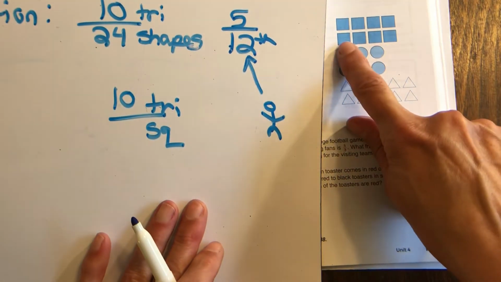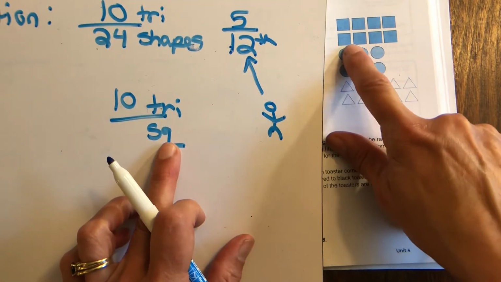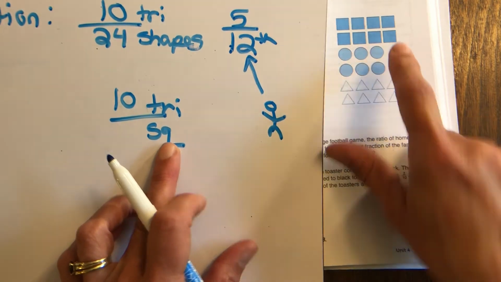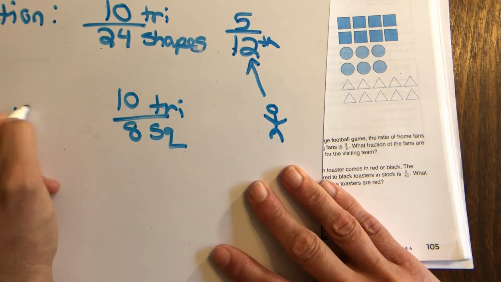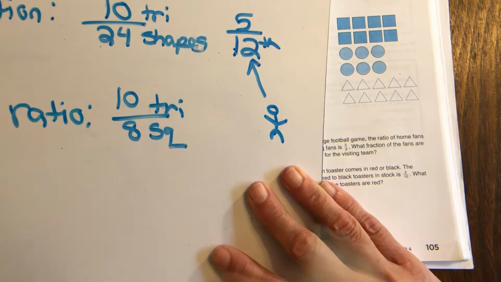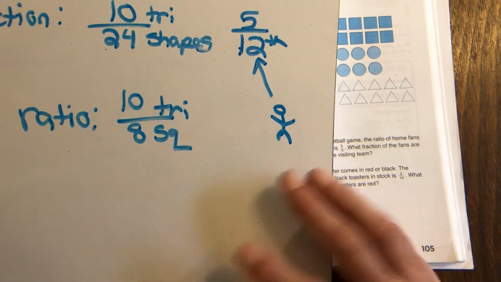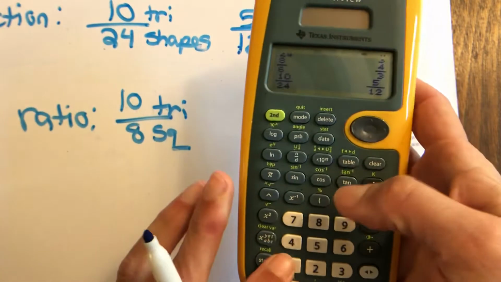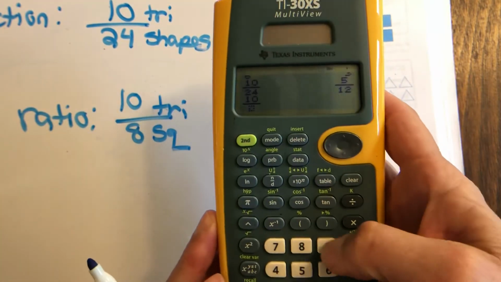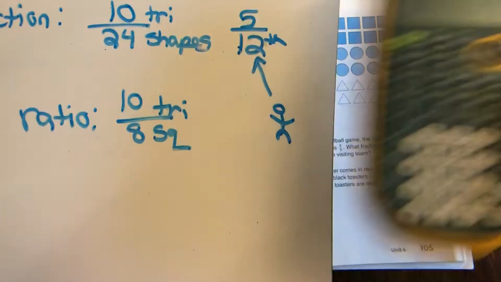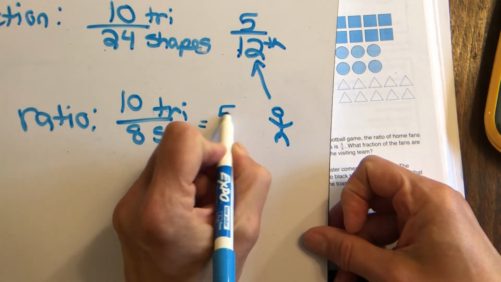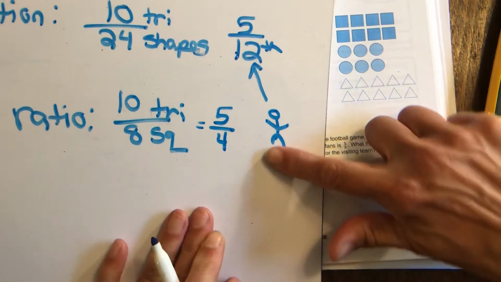And then we need squares. We've already counted those, so we know that those are 8. Oops, this is improper, but remember, as a ratio, improper is quite all right, but it still has to be reduced.